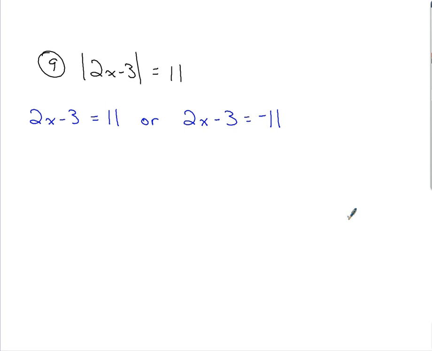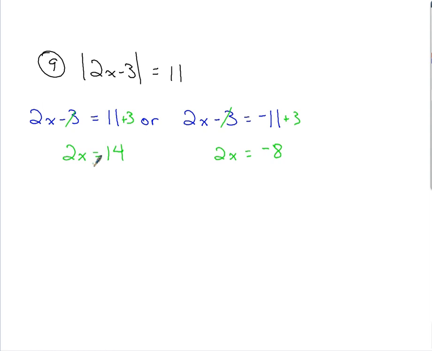With these two equations we're solving for, since we got the same expressions, we're going to have pretty similar steps to follow, right? We could probably do both of these at once. We're going to add the 3 over. If I do that, I've got 2x equals 14. Over here, I've got 2x equals, that'd be -8.